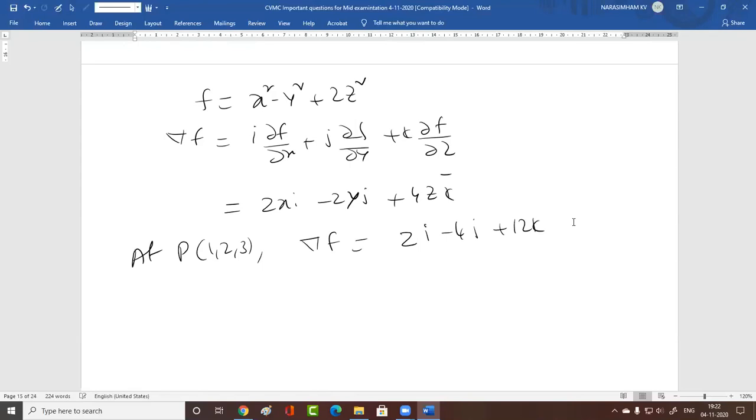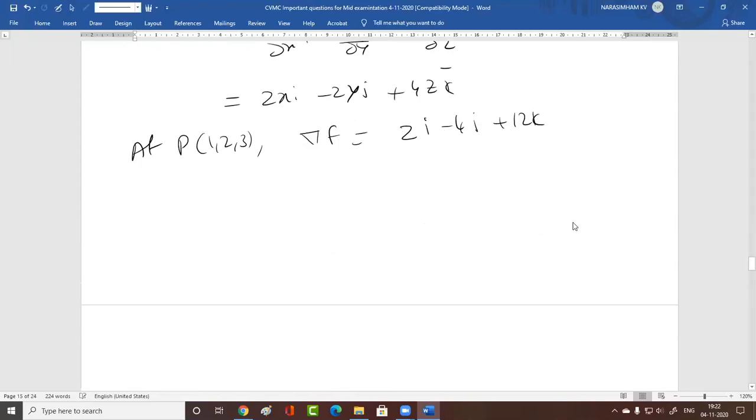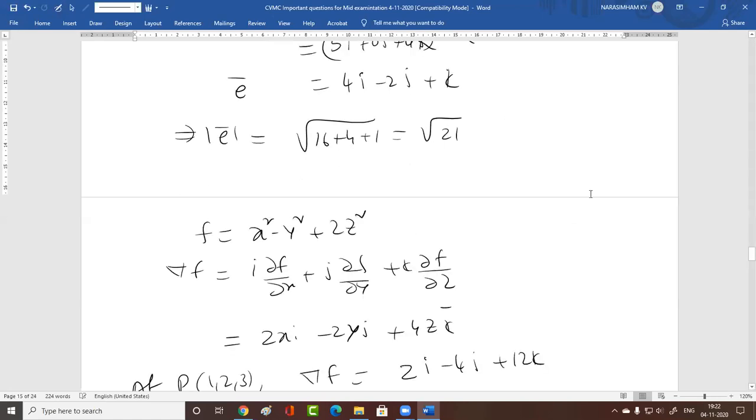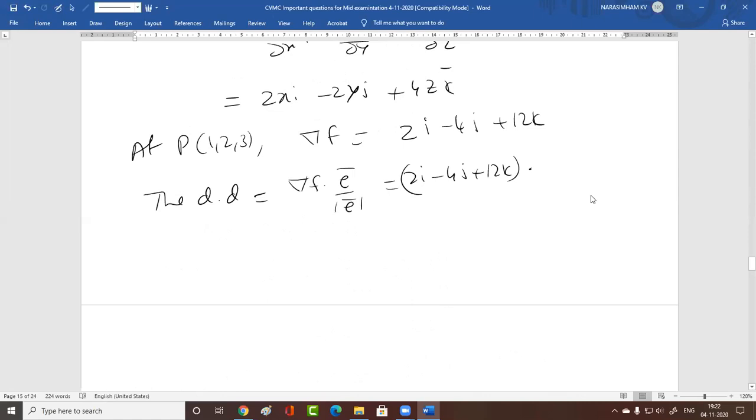Now the directional derivative equals del f dot E bar by mod E bar. Del f equals 2i minus 4j plus 12k, dot product with E bar. E bar is 4i minus 2j plus k, divided by root 21.